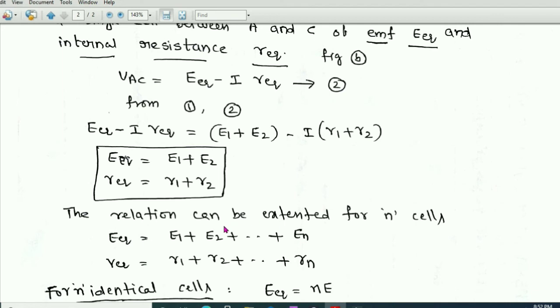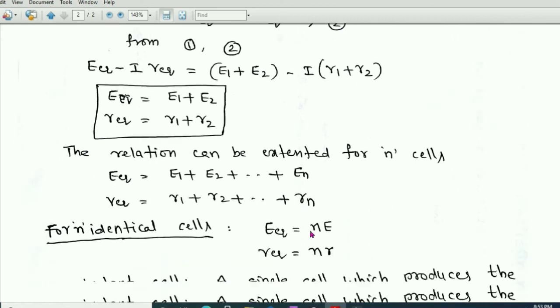From this we can say that when the cells are connected in series, the equivalent EMF is equal to the sum of the EMFs of the individual cells. Similarly, the equivalent internal resistance is also equal to the sum of the internal resistances of the individual cells.